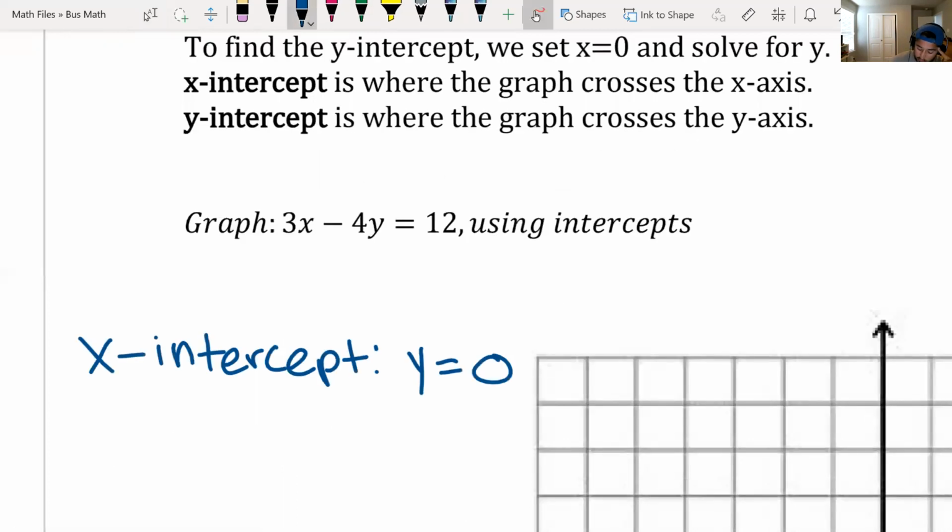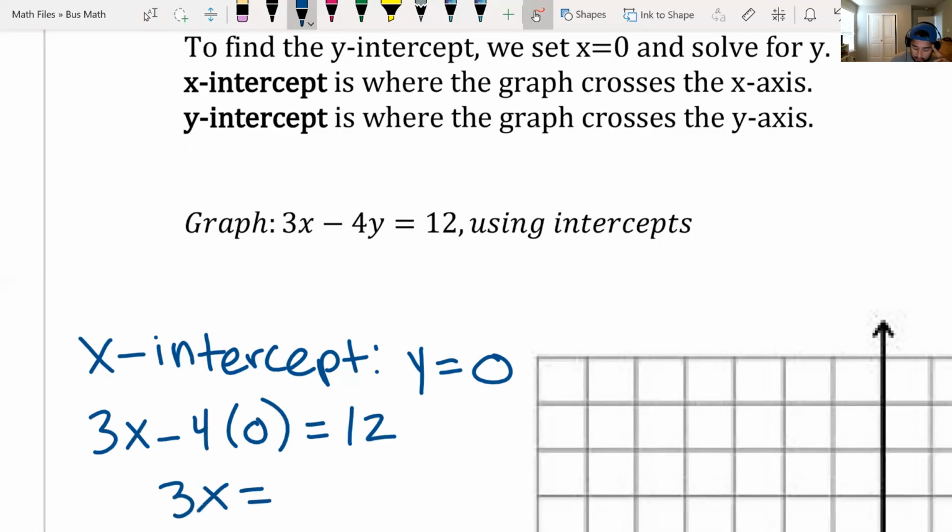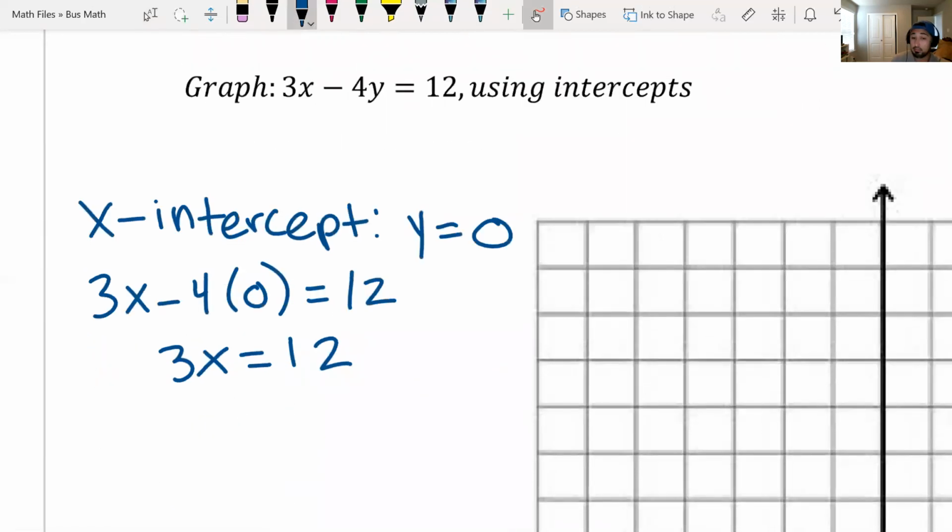Okay, so we'll start with that. This will give me 3x minus 4 times, since y is now 0, you plug in 0 for y, equal to 12. Here, 3x equals 12. Then solve for x, divide by 3, and x will equal 4.